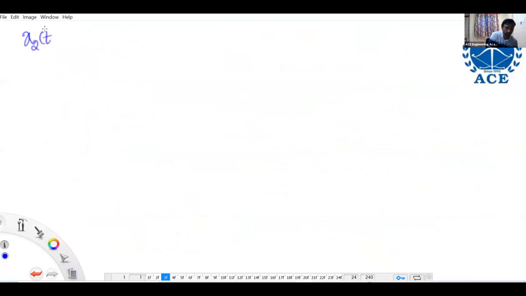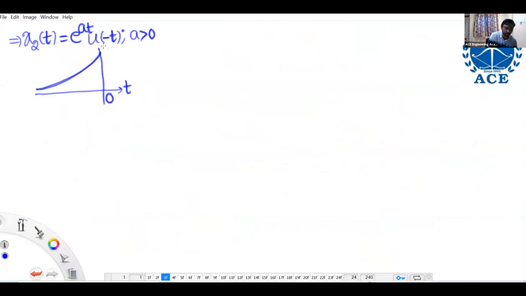Second signal is an increasing exponential, e power at u of minus t. It is called an increasing or growing exponential. As it is multiplied by u of minus t, it covers only which time?